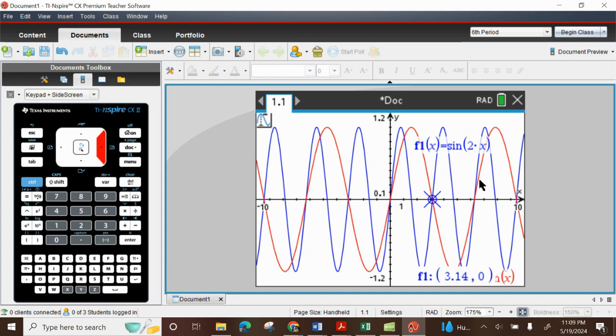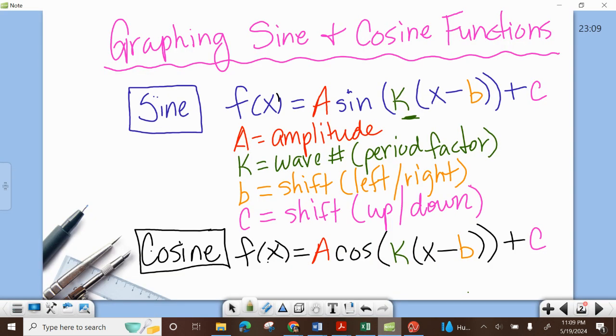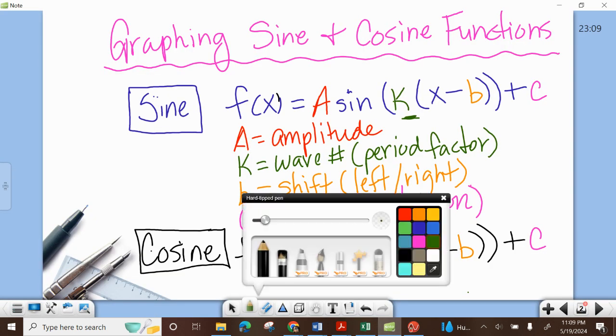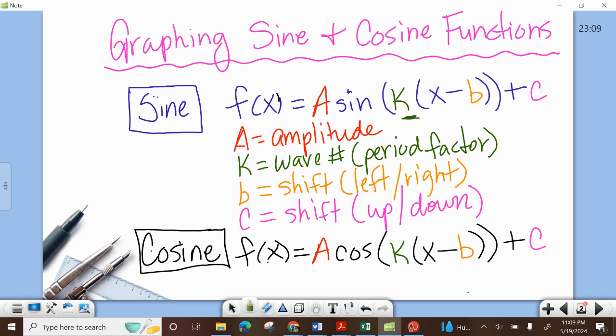So basically what you do when you're trying to find the period of a sine function, and I'll write this off to the side, to find the period, you actually do 2 pi divided by your k value. So 2 pi, get that in your brain, 2 pi divided by k.